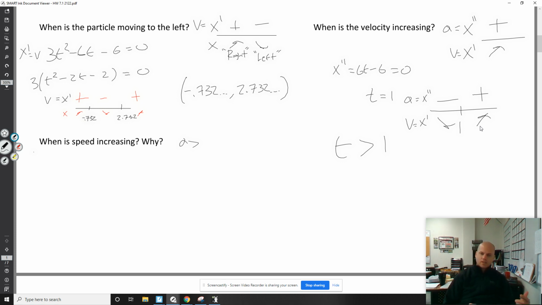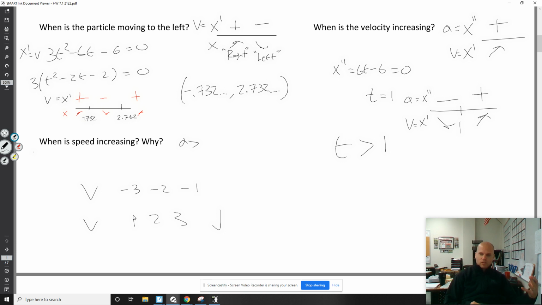The problem is if my velocity is increasing from -3 to -2 to -1, I'm not really speeding up. I'm slowing down while I'm going to the left. If my velocity is increasing from 1 to 2 to 3, then my speed's increasing. I'm traveling to the right, velocity being the change in my position.